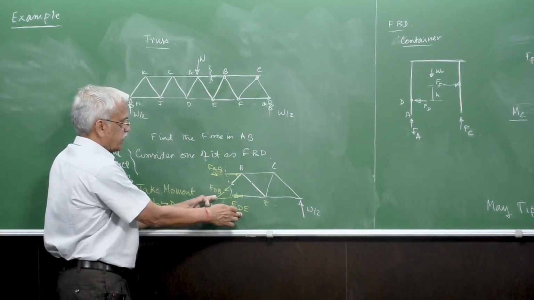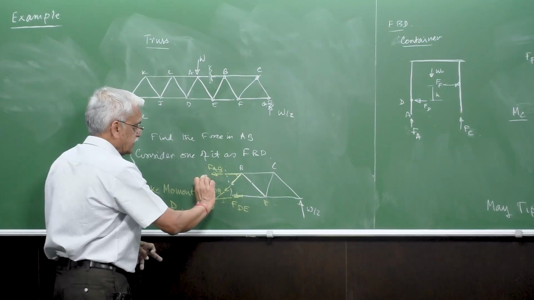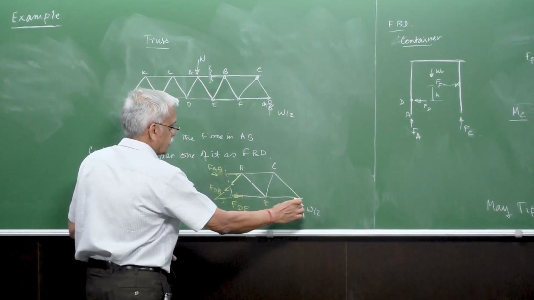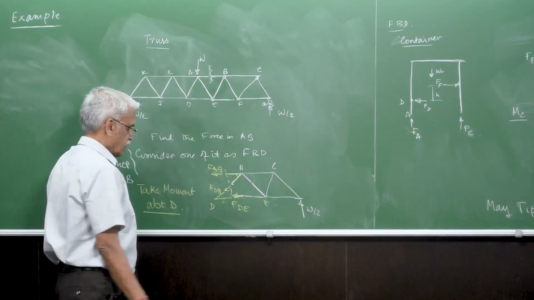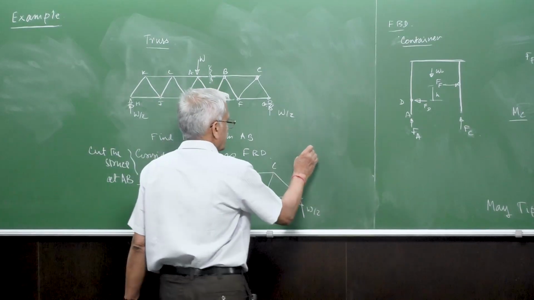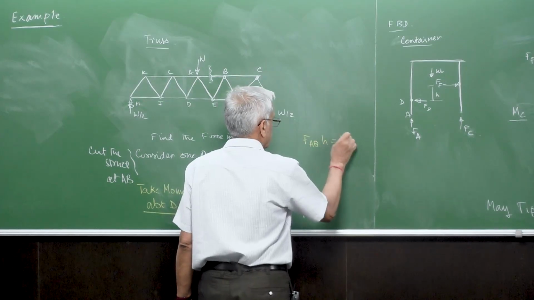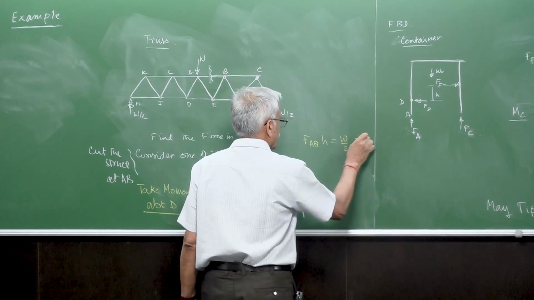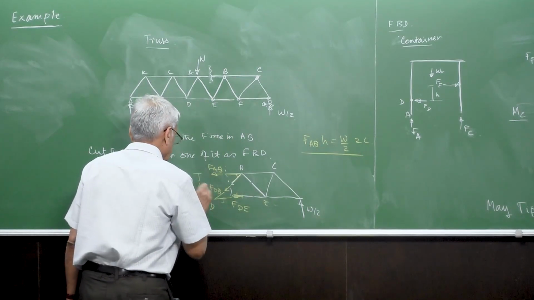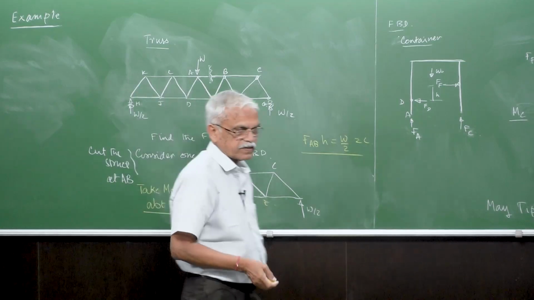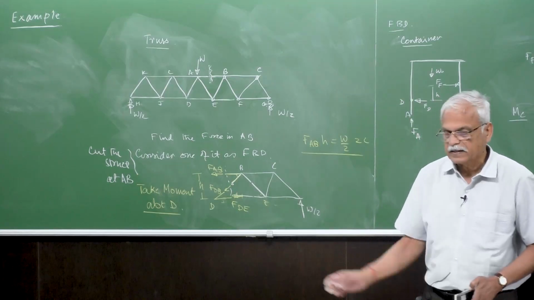FDB and FDE will not have any moments about D. So it will be FAB times H is equal to W2 times L and 2L. So FAB into H is nothing but W2 times twice L. What is H? It's an equilateral triangle, so H is nothing but L times root 3 by 2.